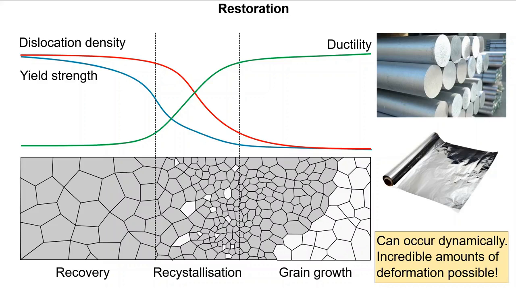To be clear, annealing is a static restoration process, whereas hot rolling, for example, may incorporate one or all of the restoration mechanisms dynamically. Dynamic restoration is how many deformation processes are able to occur. This is very much the case for the manufacture of foils. Dynamic recrystallization occurs during rolling, which is how a billet of aluminium can be reduced in thickness by a few orders of magnitude.